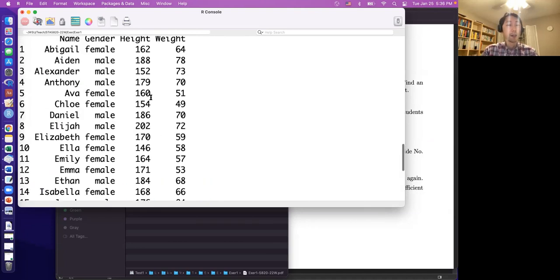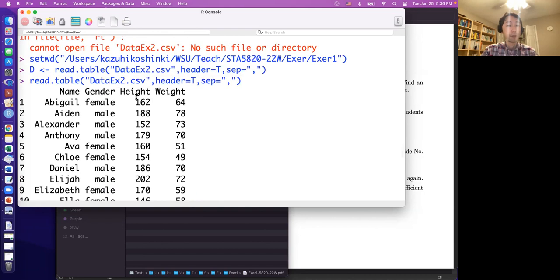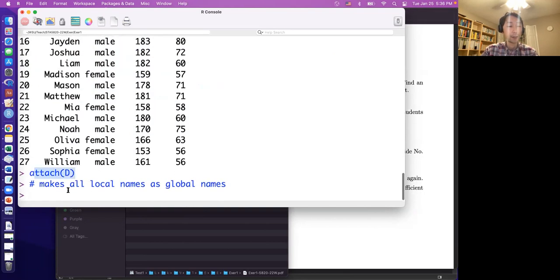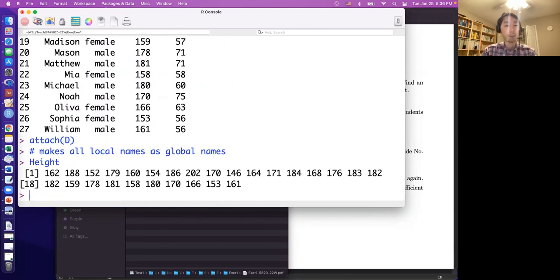For example, to access this column, you have to specify D$height. But once you attach the data set, you can just type height to access the data.